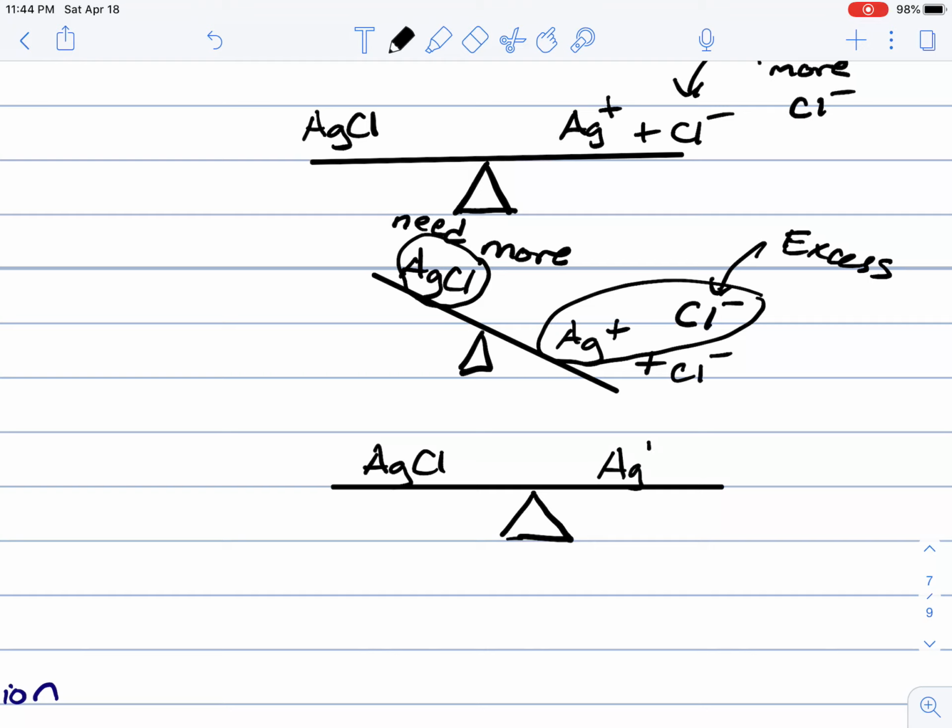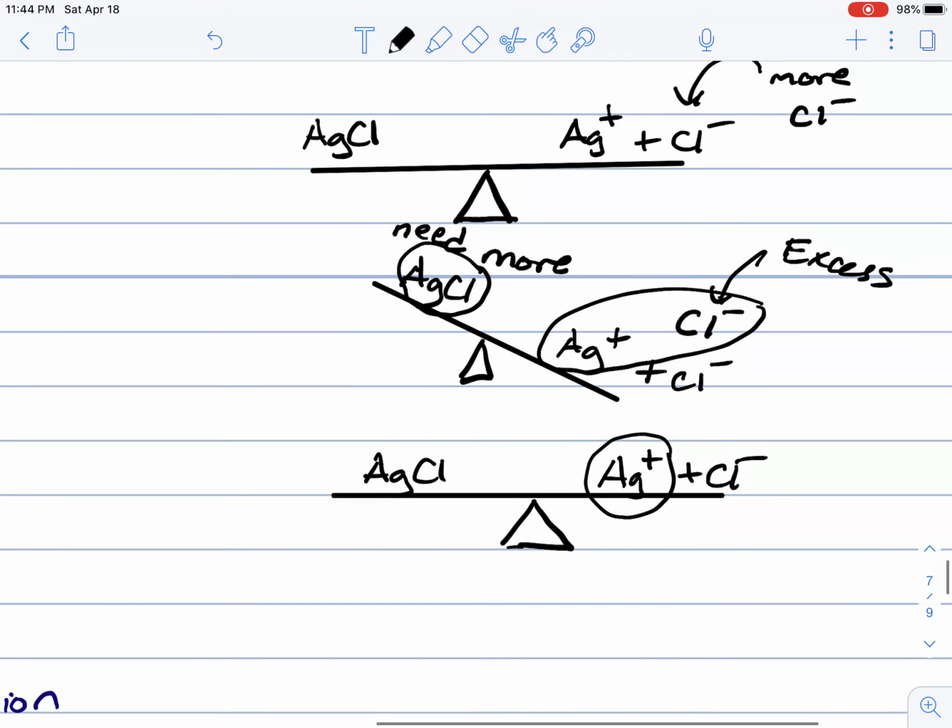so that the chemical system can reach a new equilibrium. And yes, I did add in another silver, right? And the reason why I added another silver is because typically in a solution, you just don't have one ion.